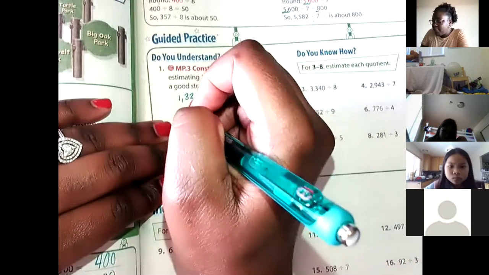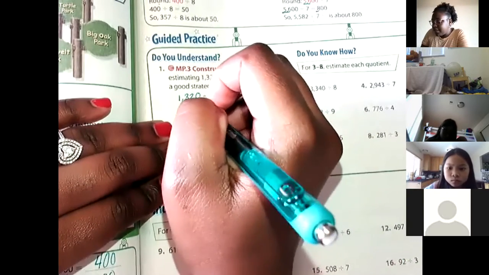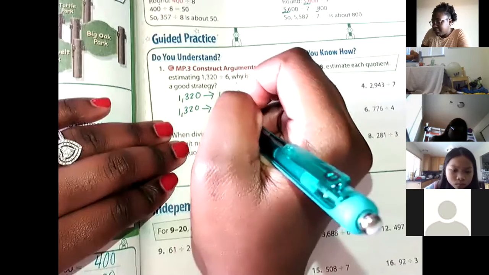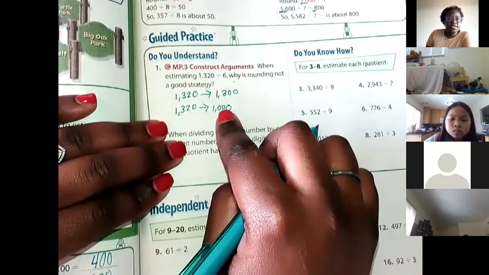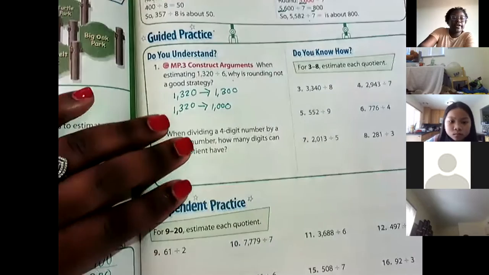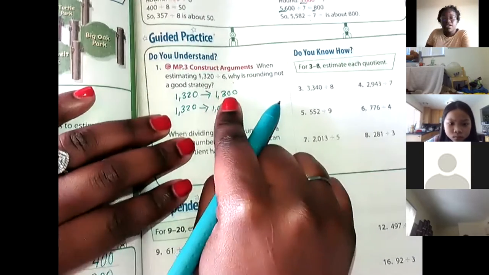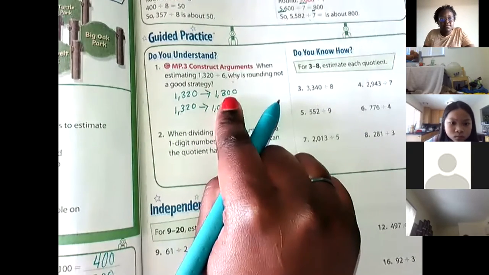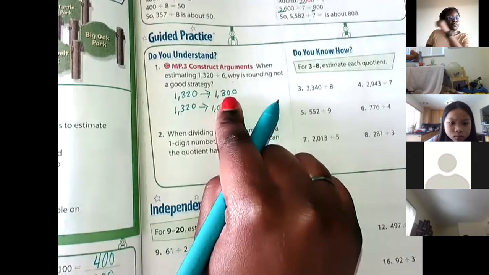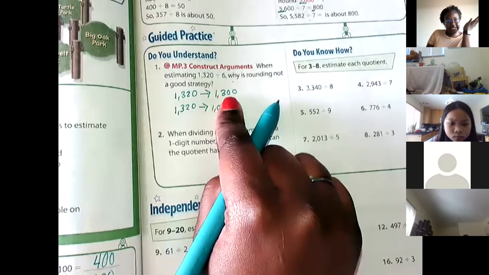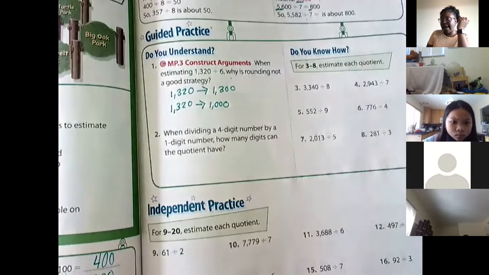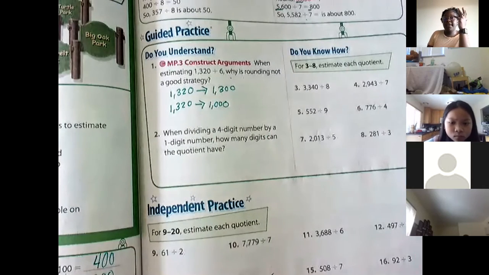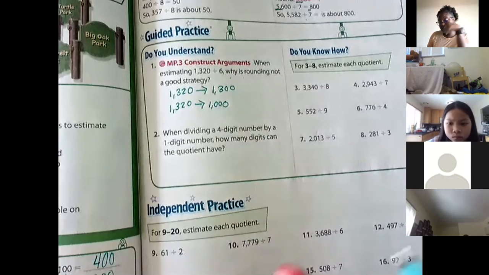So what about if we round 1,320 to 1,000? Can 10 go evenly into 6? No, no. So why is rounding not a good strategy? Because whenever we round, both numbers cannot go evenly into 6.